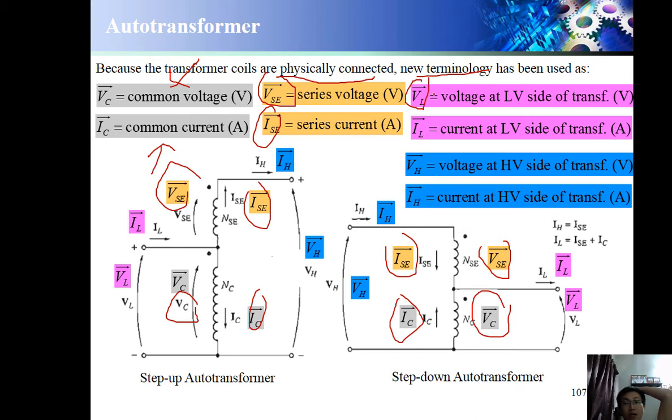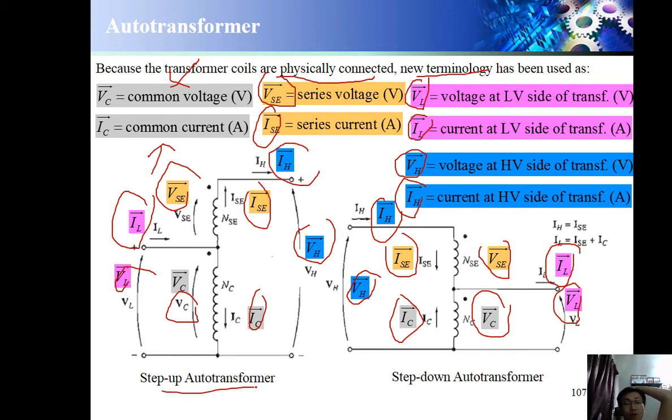Voltage and current at the low side, and voltage and current at the high voltage side. So this is a step up auto transformer, voltage low here, high here. This is a step down transformer, from high to low.